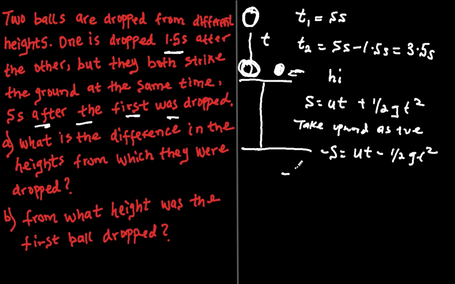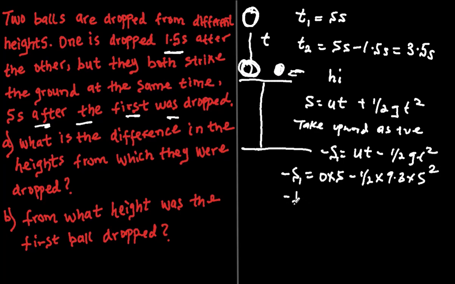So negative s, which is unknown for the first ball, the height of the first ball, let's call it s1. Negative s1 is going to equal u, which is 0, multiplied by the time spent by the first ball in the air, which is 5 seconds, minus half times g, which is 9.8, times 5 squared.